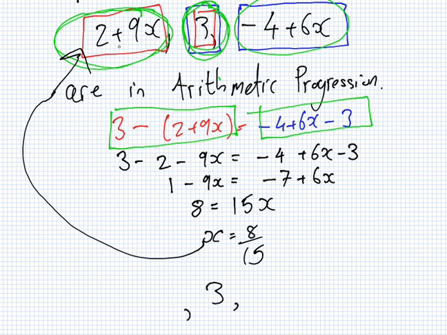I'll just wait until someone types it in. Minus 19 over 5. And then the last one? 34 over 5.